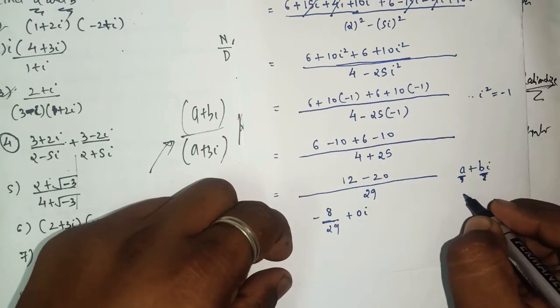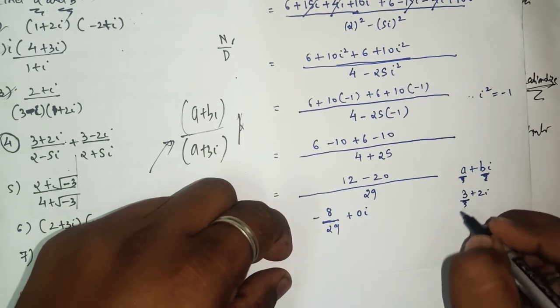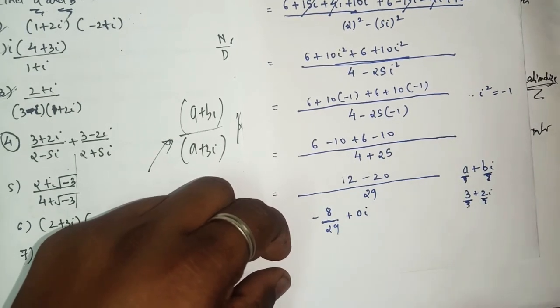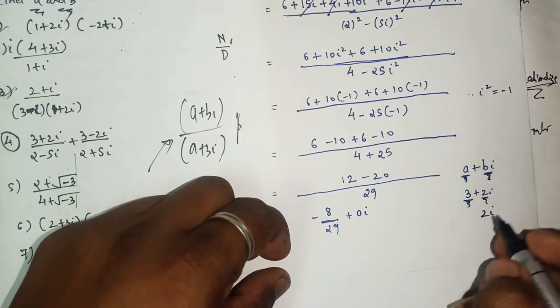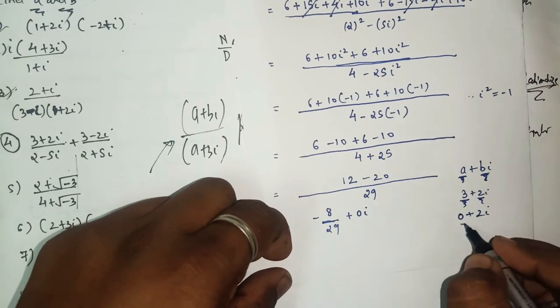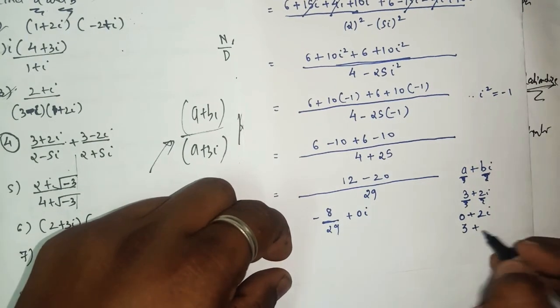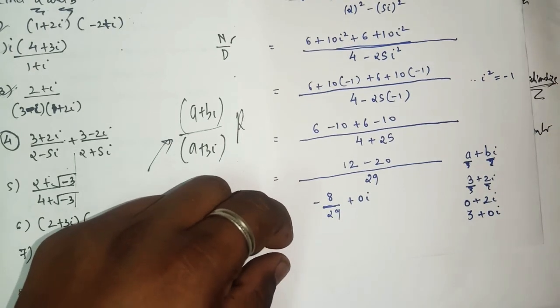Suppose we have 3 plus 2i. So the value of a will be what? 3. The value of b will be what? 2. Suppose if you have only 2i, a is absent. So in place of a you can write 0. Suppose b is absent. So in place of b you can write 0i. Okay, understood now?